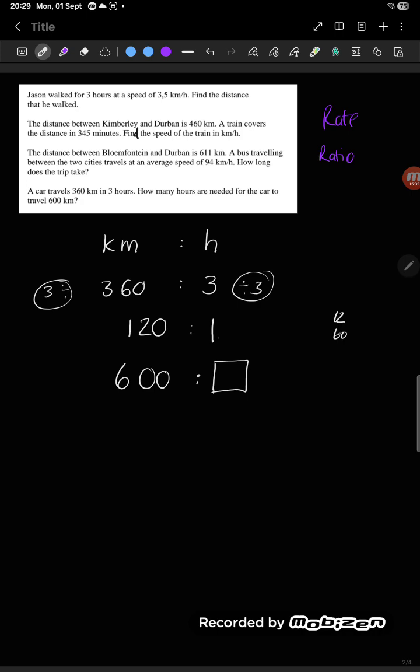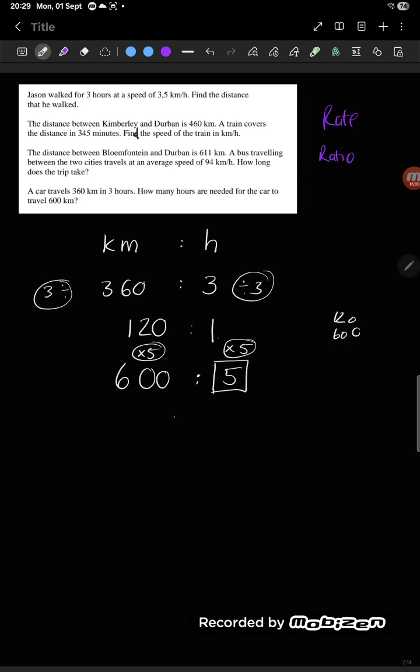Can you see I said this? 12 times what is 60? And the answer is 5. So 120 times what is 600? It's going to be times 5. Now, what I do to the one side of the ratio, I do to the other. 1 times 5 is 5. I haven't got my answer yet. Yes, I got my answer, but I need to answer it in terms of the question.